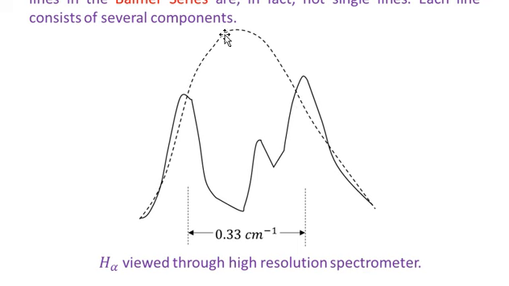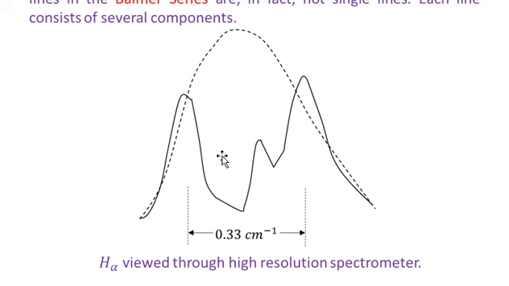But if the same dotted curve, that is a single Balmer series line, is viewed through a very high resolution spectrometer, then you can see the other details in it. For example, in this particular case, you can see that there are two main peaks, and there is also a small peak over here, and the two main peaks are separated by an energy of 0.33 centimeter inverse.